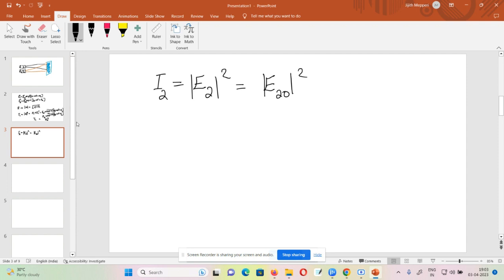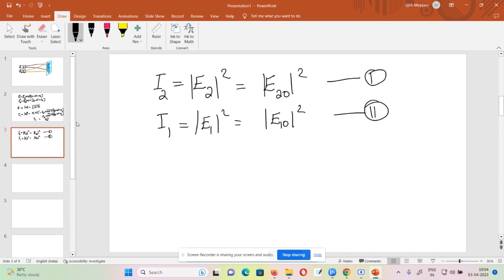I1 is equal to E1 square, which is E10 square. This is clear now? Yes, sir.